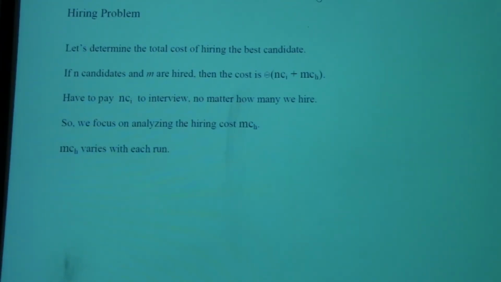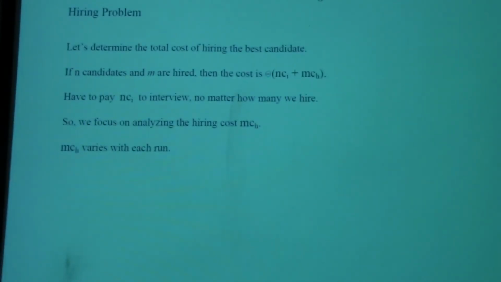When would I hire twice? If the second person was the best. So I have to hire the first person, just like in our little algorithm for the MST, where we always have to take the first shortest edge because it always connects two unconnected components.